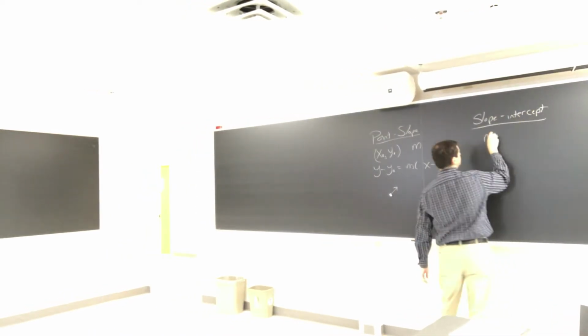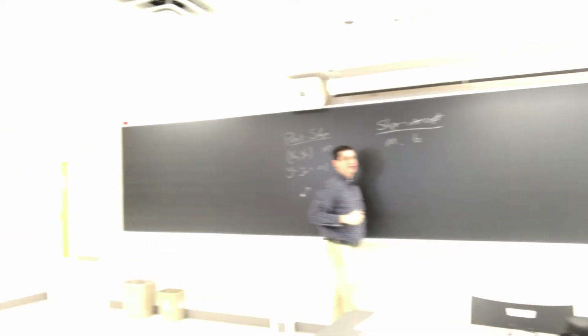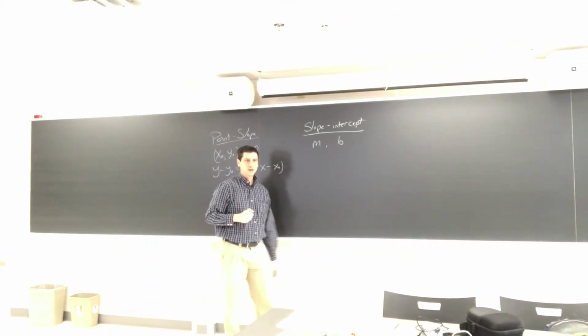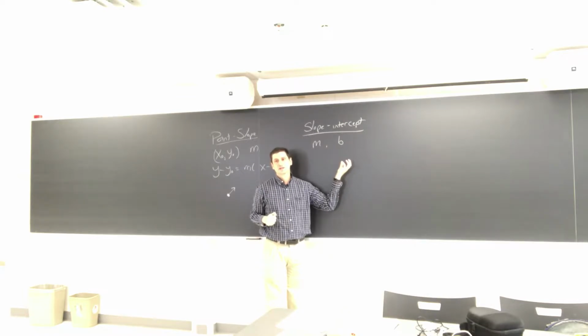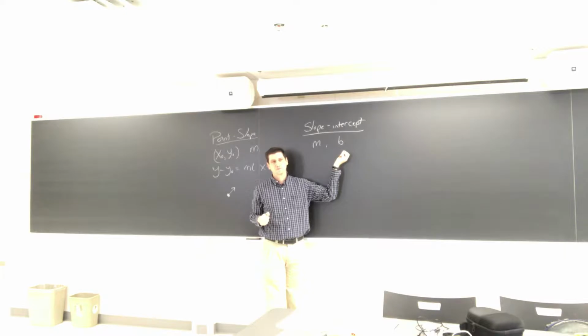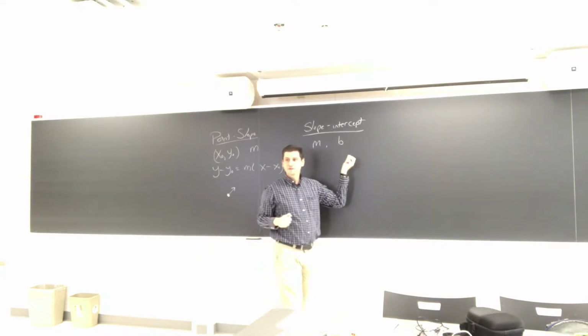And so here you're given a slope m, and almost always the intercept is b. Now, with slope intercept, the intercept is usually the y-intercept. Does every line have a y-intercept? There's one that doesn't. Which one? Any vertical line. Yes, it does.